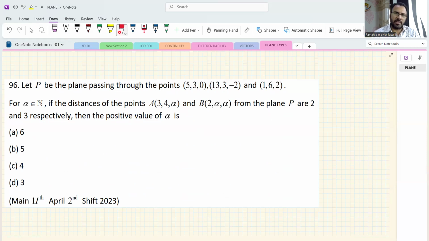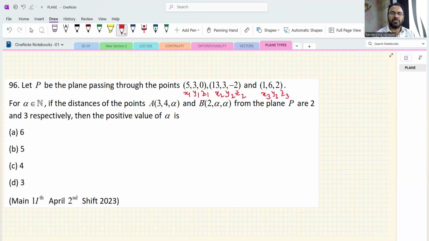That is a two-tier question. Let P be the plane passing through 3 points. Assume this is x1, y1, z1, x2, y2, z2. Every time I won't write this for the next questions. This is the first question, so I'm explaining with complete details.